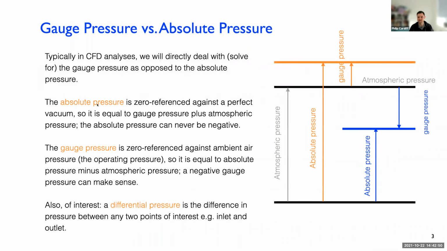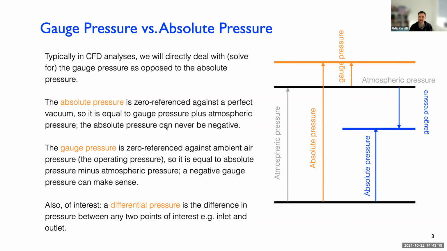First, the easiest thing is just pressure. We can talk about something called absolute pressure, and that's zero referenced against a perfect vacuum. A perfect vacuum or close to it, like in space, that's zero. And then anything above that, relative to that, is the absolute pressure. So maybe this is the zero reference here, and then the absolute pressure is just how far we are above that.